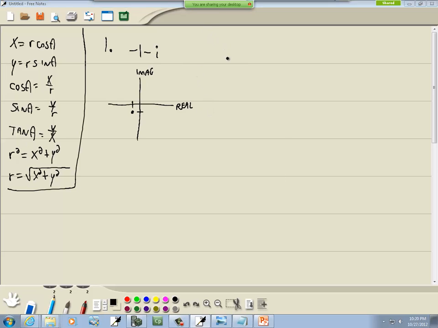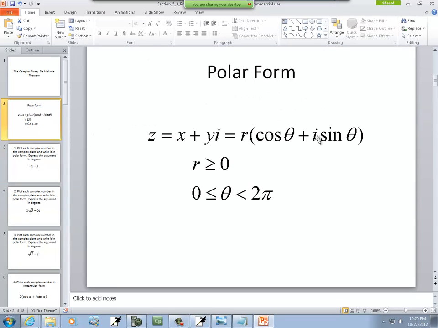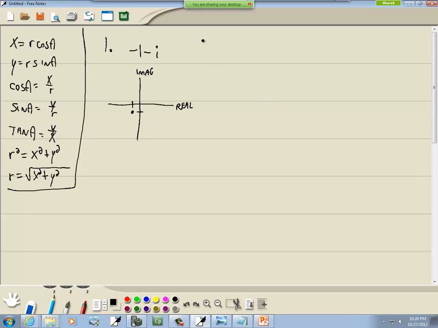Okay. Now we want to put it into polar form. Polar form looks like this: r times cosine theta plus i sine theta. So we need two things: we need r and we need theta. Well, x is equal to -1 and y is equal to -1. x is the real part here, and y is the number before your i, which in this case is -1.